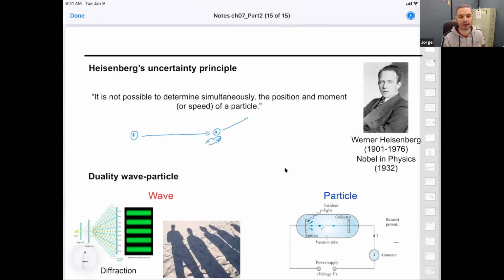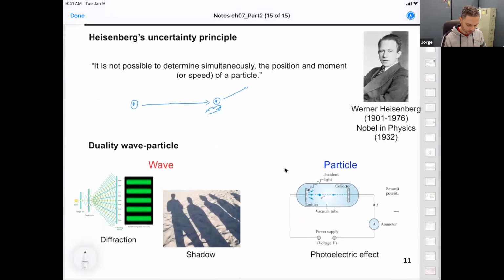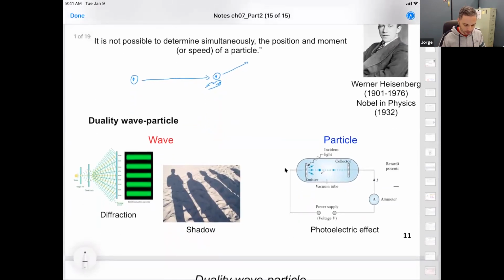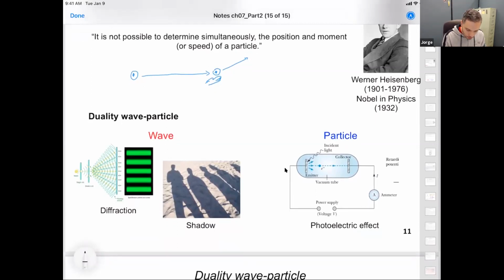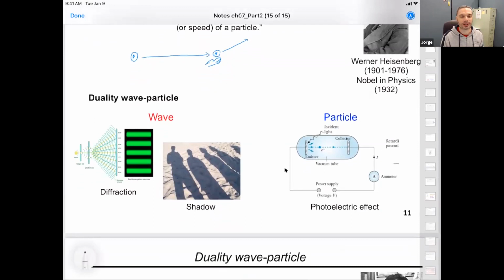The second problem is that light, or actually any body in movement, has a wave-particle duality. There was a big discussion at the end of the 18th century: what was the nature of light?